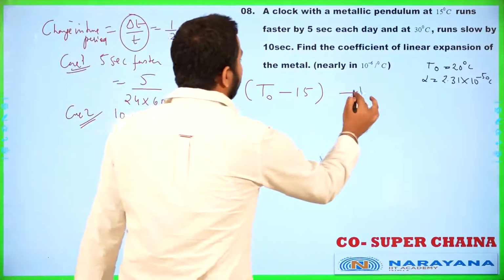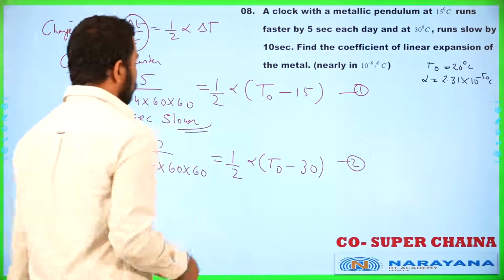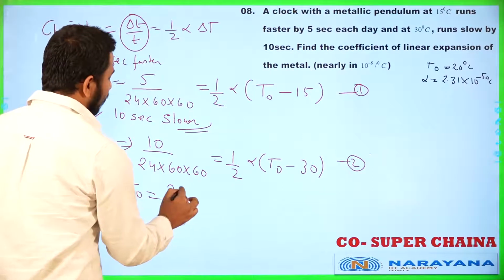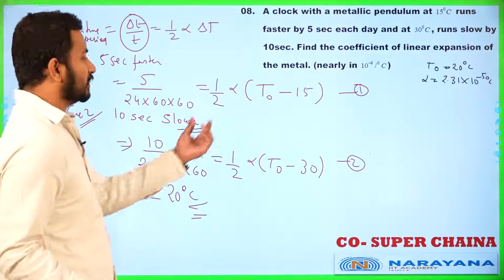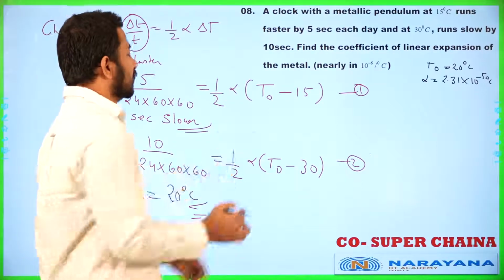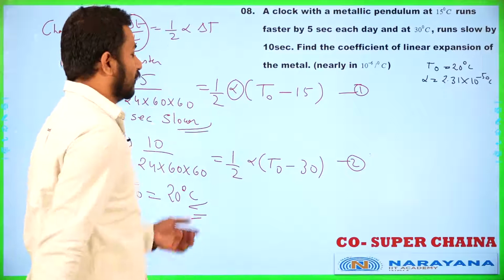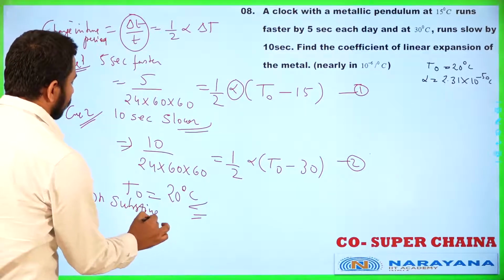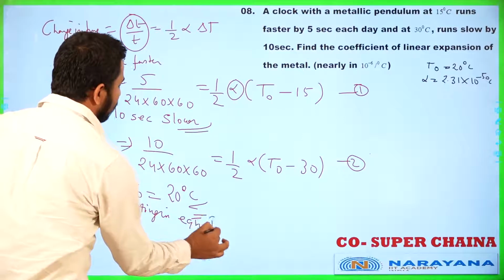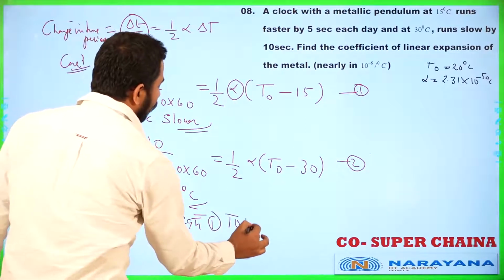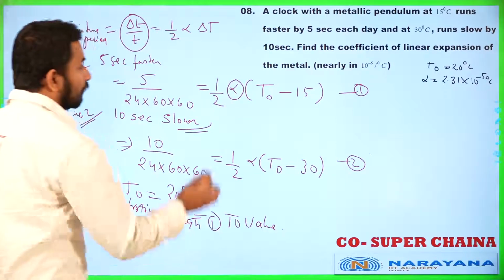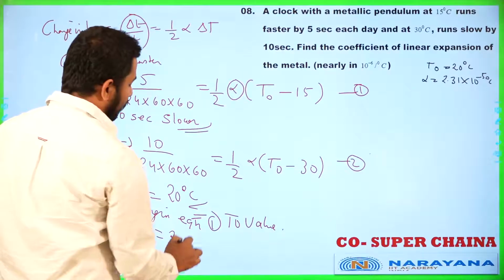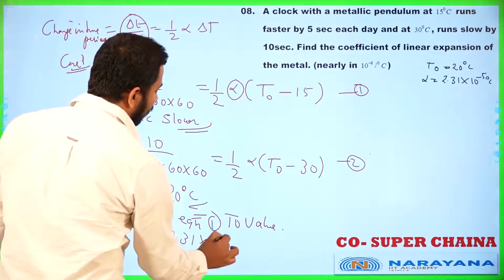So we'll just solve equation 1 and equation 2, student. If you solve equation 1 and equation 2, T0 will be coming as 20 degrees Celsius. Now we have one unknown, alpha. On substituting the T0 value in equation 1, alpha will be coming as 2.31 into 10 to the power minus 5.